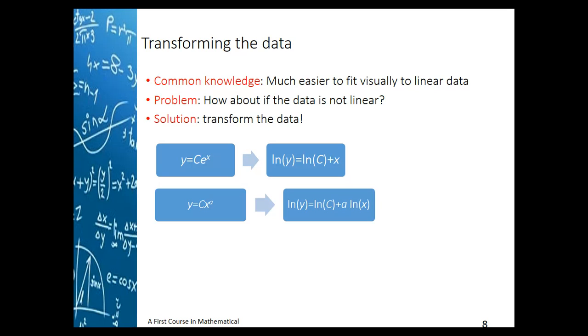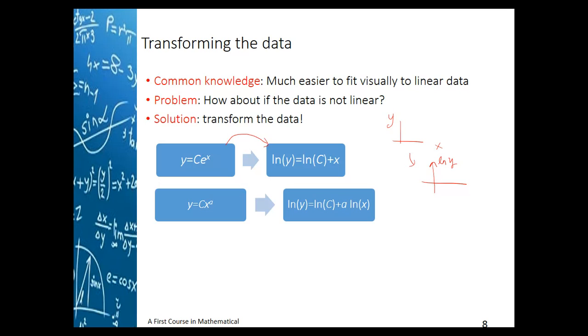So the idea, if you transform this into this, is that instead of you having y, now your equation will become this one. Your y-axis now becomes ln y. Your x-axis now becomes x, and the intercept is ln c.